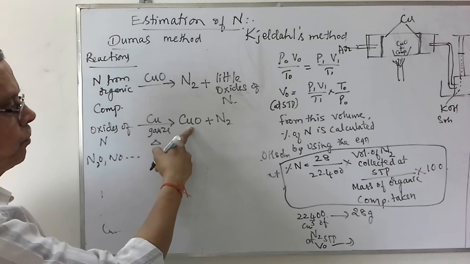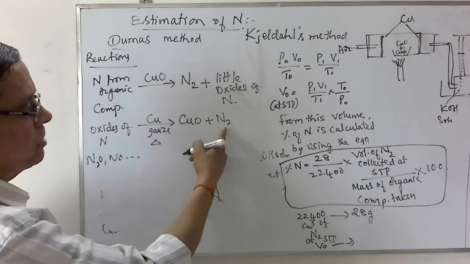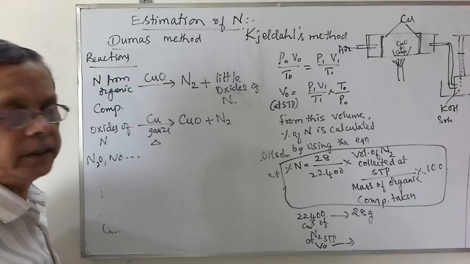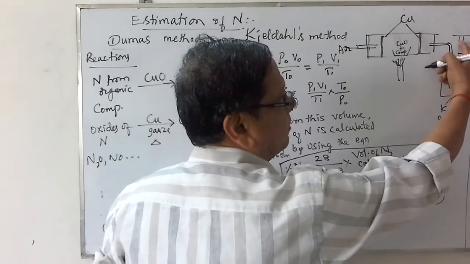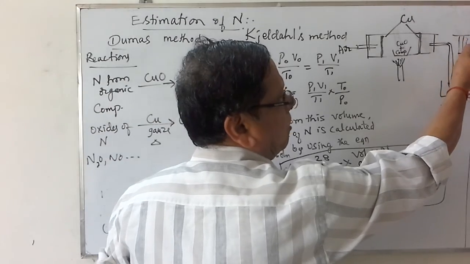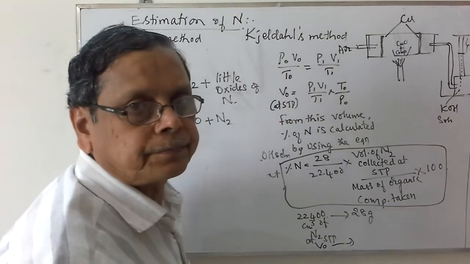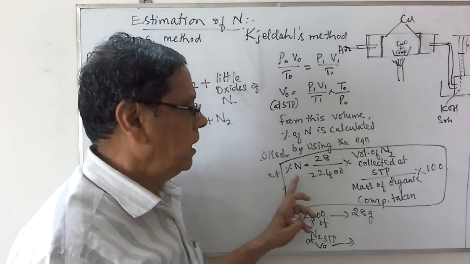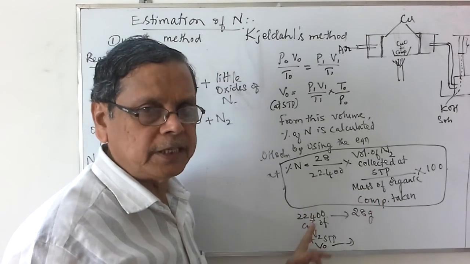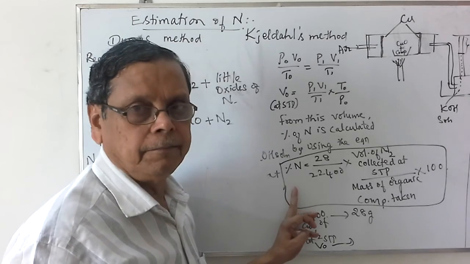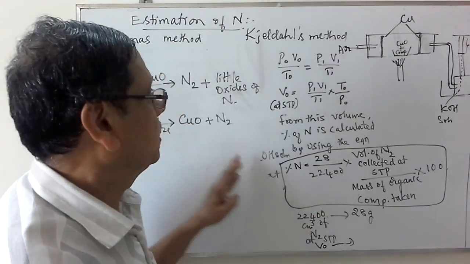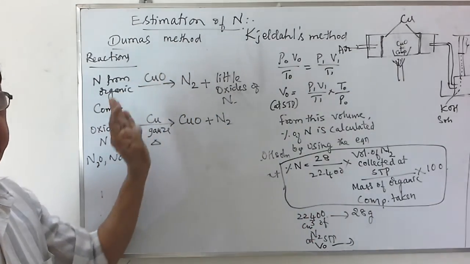This nitrogen is collected over potassium hydroxide solution. Here we can observe the volume of nitrogen that is liberated, and at STP the volume of nitrogen is calculated. From this we can calculate the percentage of nitrogen. This is about the estimation of nitrogen by Dumas method.